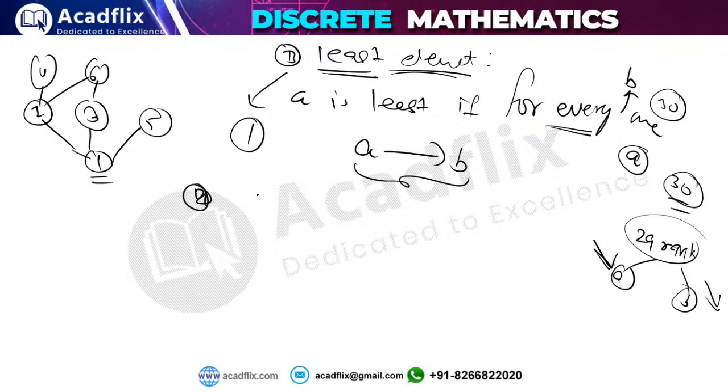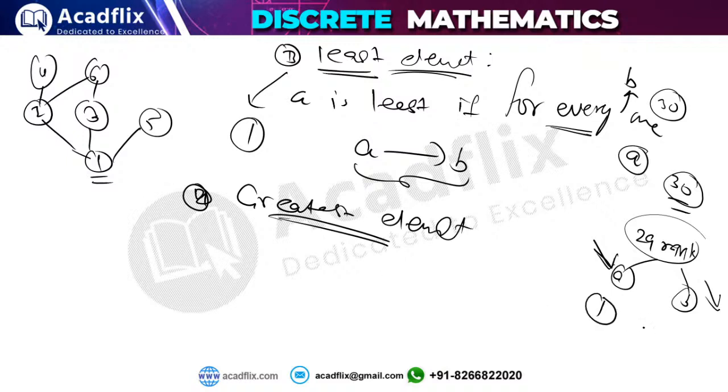The fourth definition that we have is greatest element. What is the greatest element? Greatest element is basically the unique topper, like the first ranker. For example, let's assume there is only one element in the first rank, then he is the greatest element.